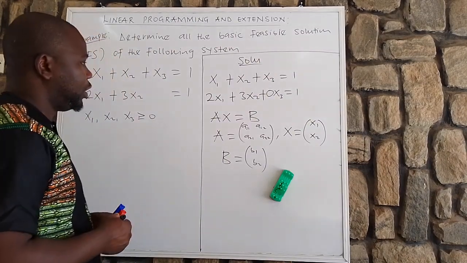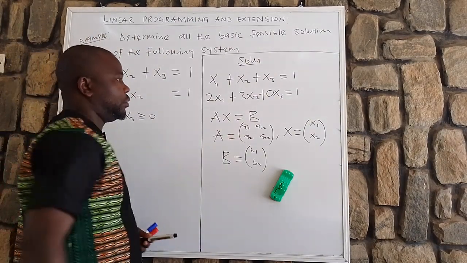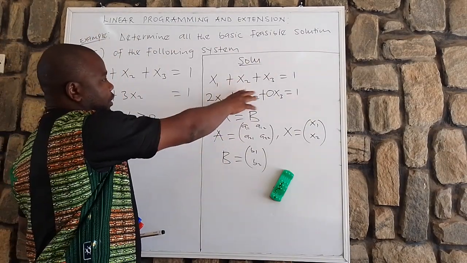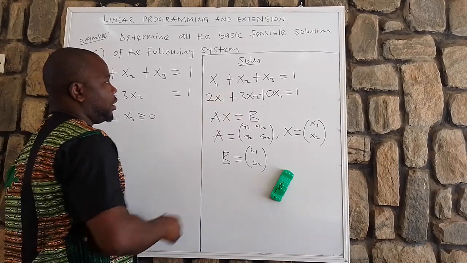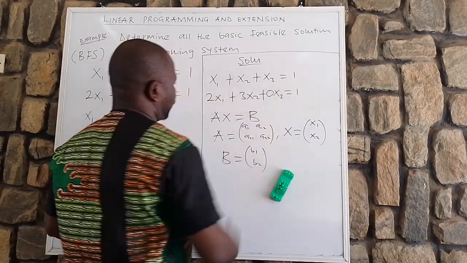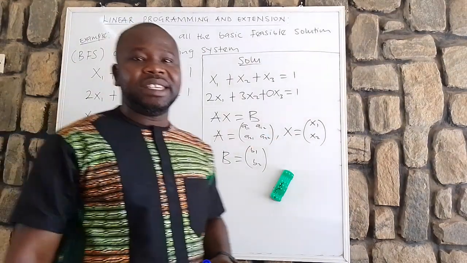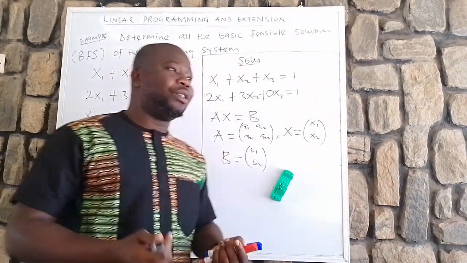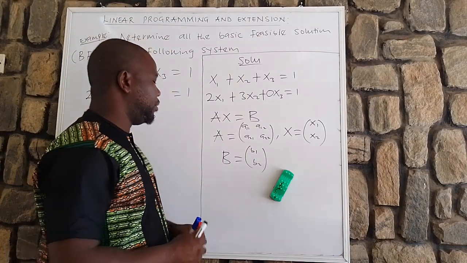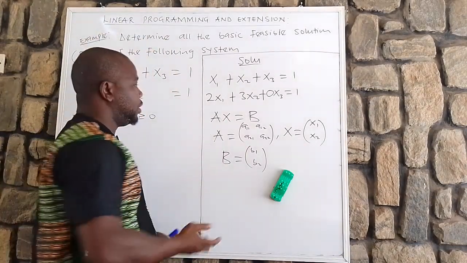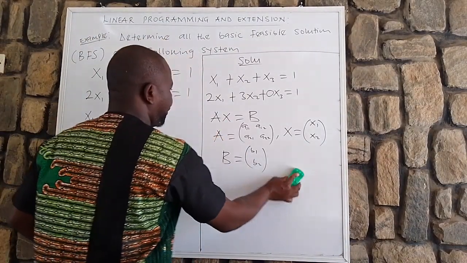So this is a matrix form. When you look at this system, this is equation 1, equation 2. Let us transform it in this form so that it will be easier for us to solve this problem. Do you understand? Okay, let's look at it together.